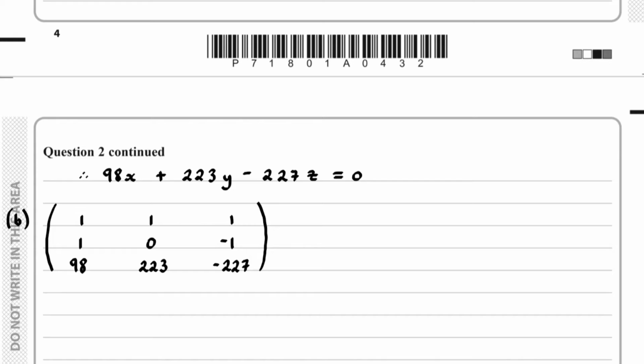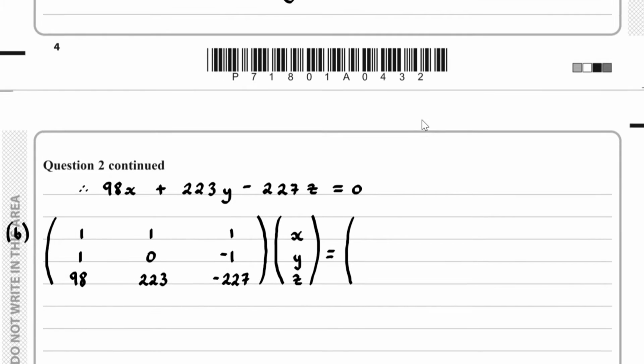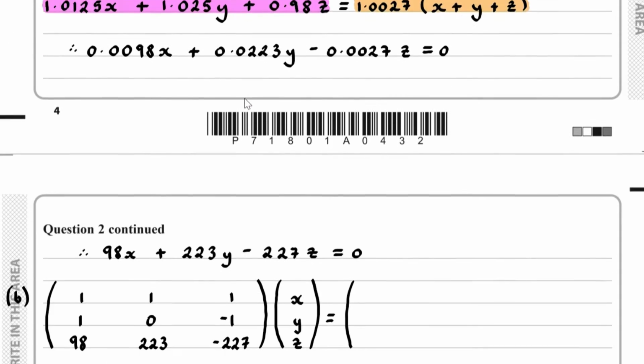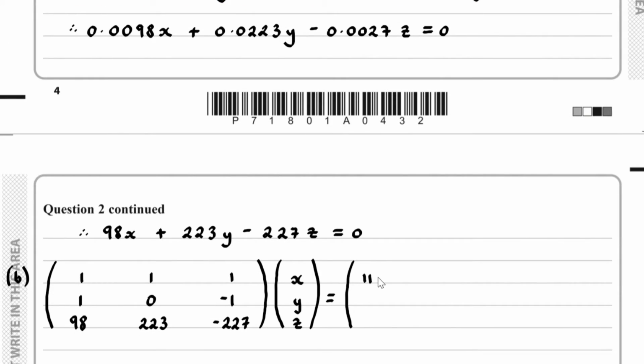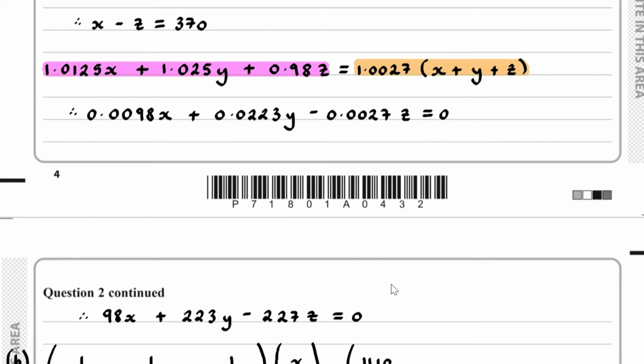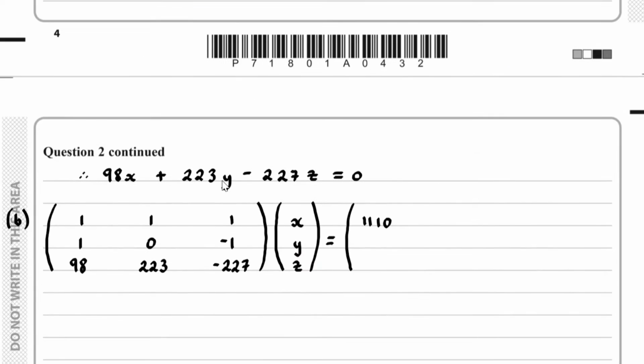And we multiply this by the vector x, y, z. And this would equal, well, we've got 1110, 370, and 0.